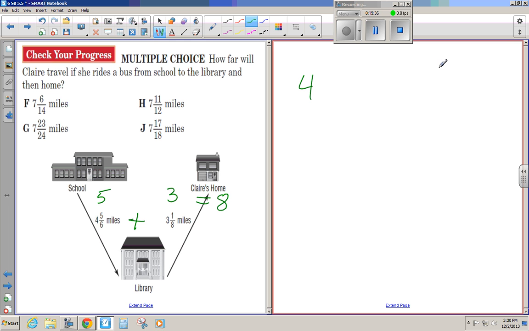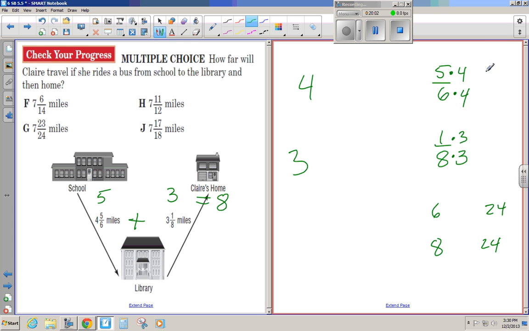Well, we can look at 4 and 5/6 and 3 and 1/8 and come up with a possibility. The least common multiple of 6 and 8, if you made the whole list, I believe is 24. So that would be multiplying this by 4, and this by 3.